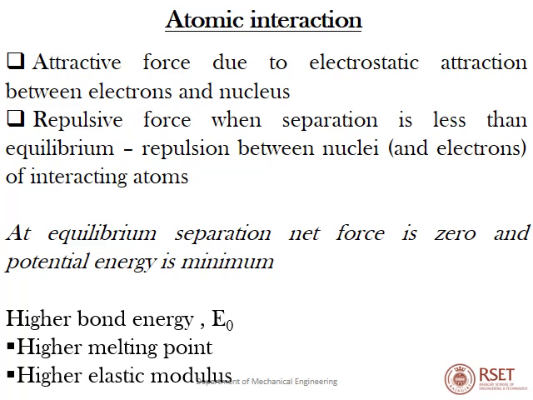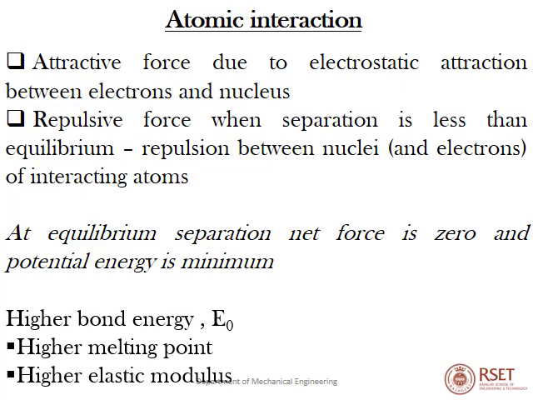That is why the graph's E0, the bond energy, clearly indicates whether the material has a higher melting point or higher elastic modulus, and similar properties. If you consider a solid, it is closely compacted together and the interatomic distance is much more stable. Because of the stronger bonding, it will be difficult to separate the atomic particles, which is why the melting point of such solid bodies is higher compared with the others.